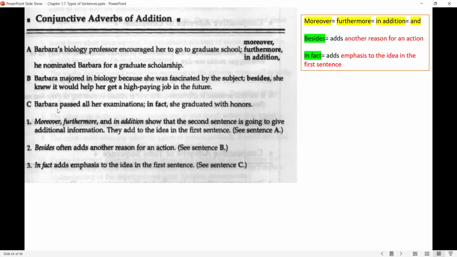Example C, Barbara passed all her examinations. In fact, she graduated with honors. So here you're just putting more emphasis on the first sentence. Okay, you say sentence 1 is true, and you add some light to it.